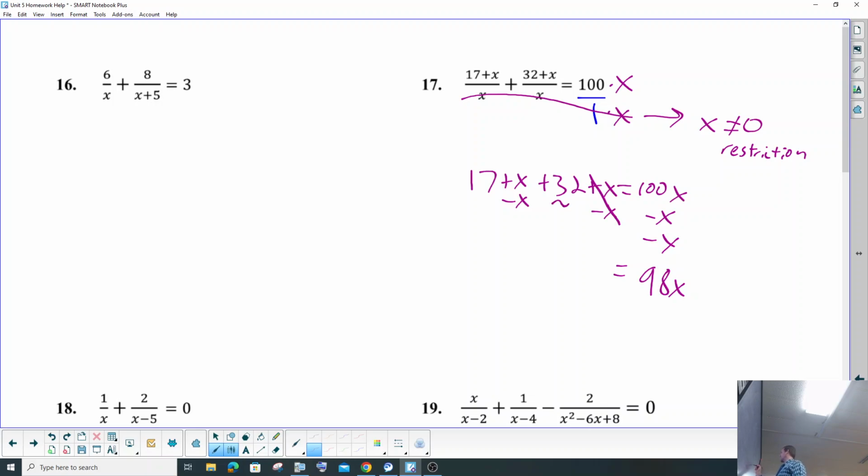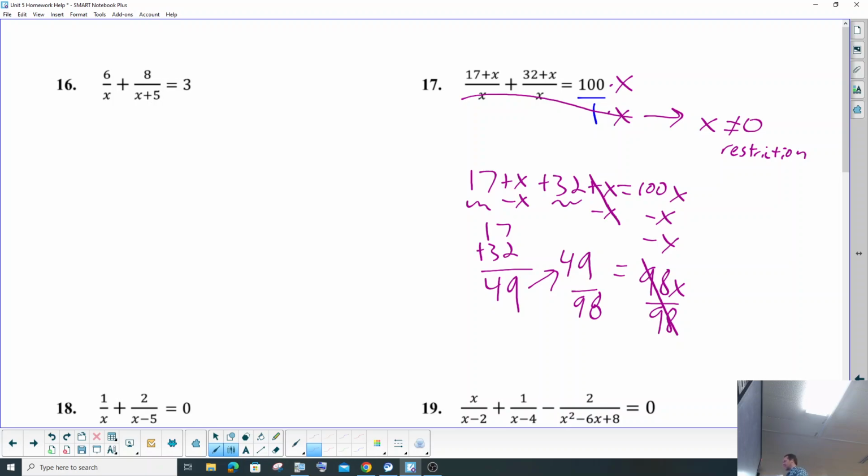And then what's 17 plus 32? Is that 49? Yeah, 49. Good. So then we divide by 98. And what is 49 divided by 98? I think that reduces to a half.